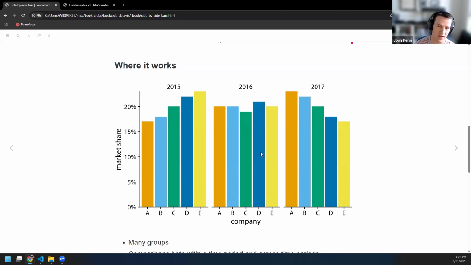But looking at it now, I wonder what folks think of the message being there were winners and losers in terms of market share in 2015. E won, A didn't do as well, and there were winners and losers in 2017, but everyone did about the same in 2016. Does that feel like a fair interpretation of this graphic? I think it does.